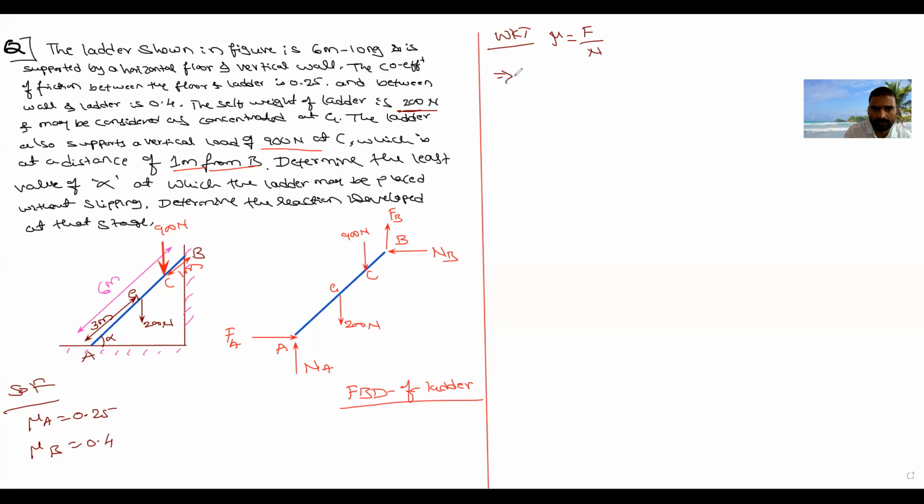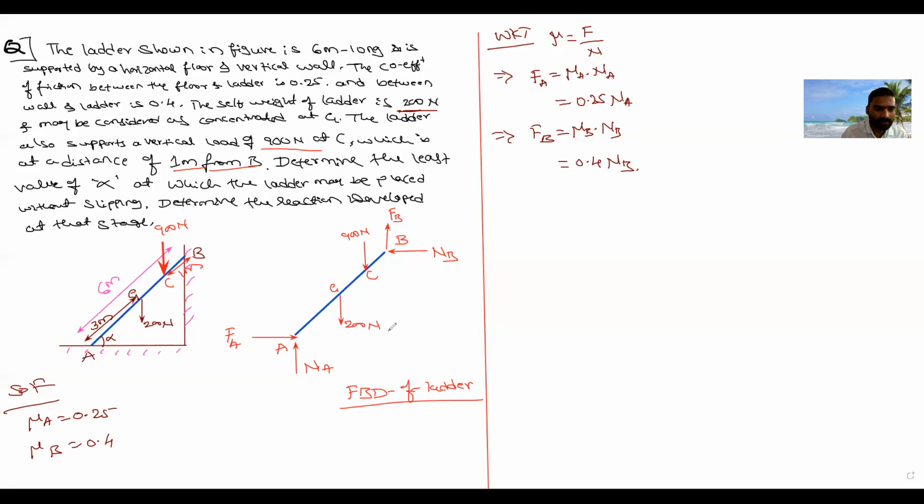So I can write friction at point A is equal to mu at A into Na, that is 0.25 into Na. And also friction at point B is equal to mu at B into N at B, where mu at B is 0.4, into N at B. Is it correct? Yes sir.